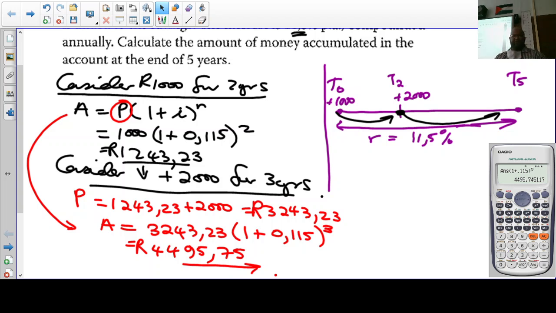Okay, so today we're looking at calculating interest rates. That's your heading, calculating interest rates.